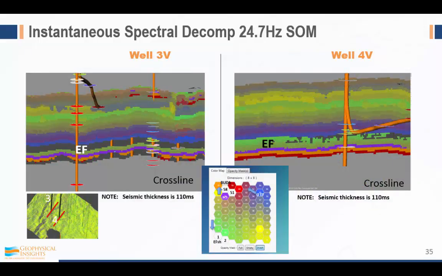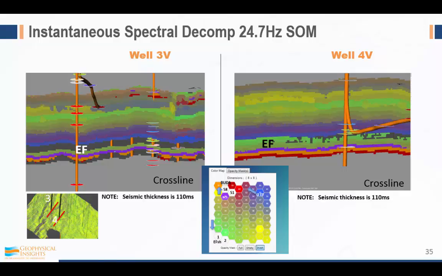Okay, this is where it gets more interesting. I'm down to my last handful of examples here, but suffice it to say for this one, I've got what I call the extraction color bar on again. These are cross lines instead of in lines. We're in this vicinity and we're looking at neighboring wells, 3 and 4.